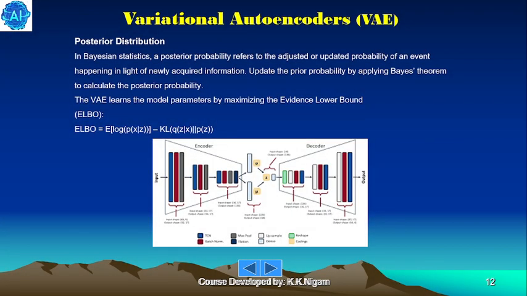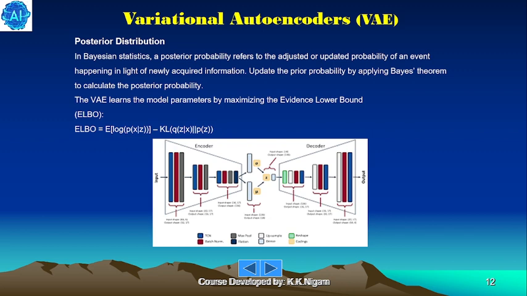Posterior distribution. In Bayesian statistics, posterior probability refers to the adjusted or updated probability of an event happening in light of newly acquired information. We update the prior probability by applying Bayes' theorem to calculate the posterior probability.